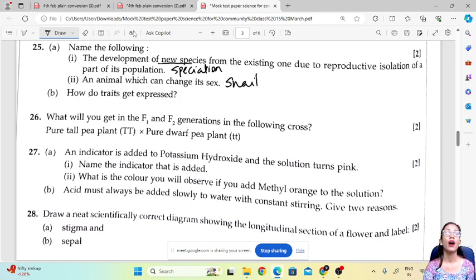Okay, now how do traits get expressed? Traits are characteristics. How are they expressed? They are expressed by the DNA present inside the nucleus of the cell, which controls the formation of the traits.